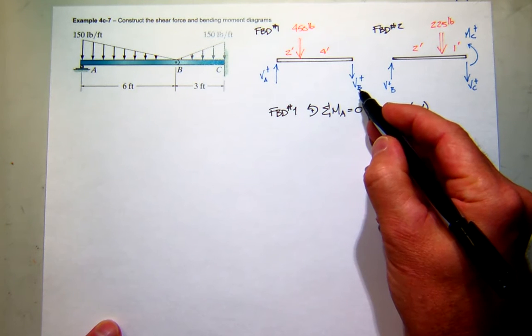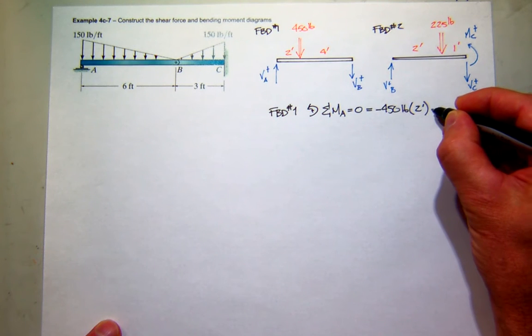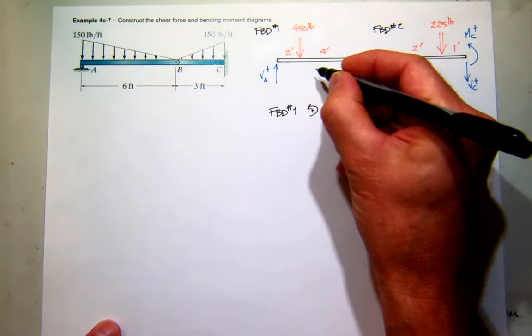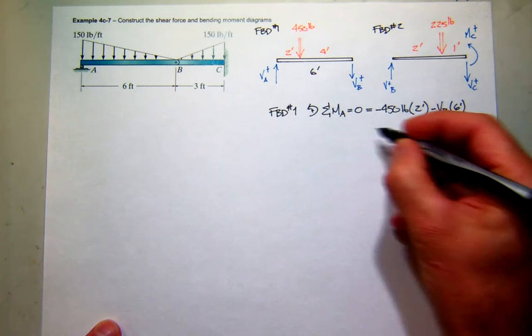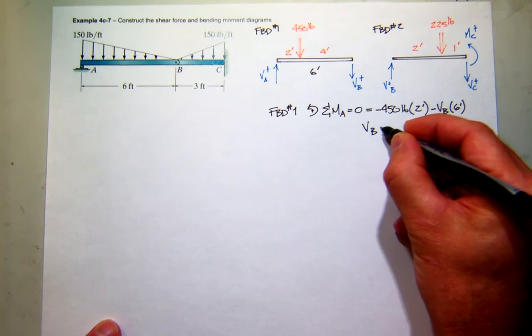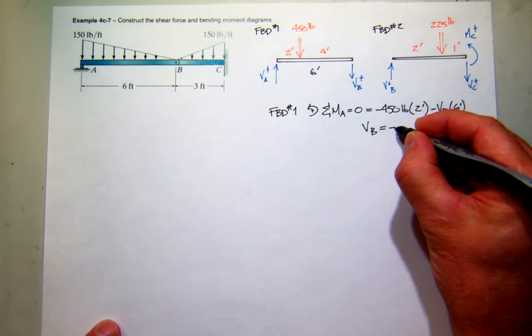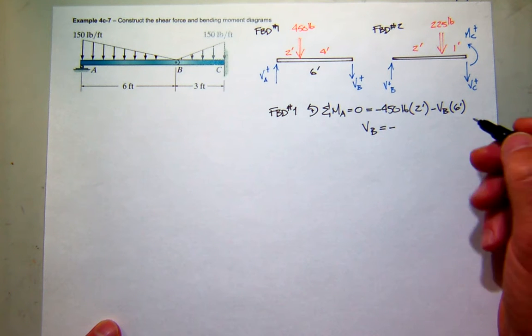And my shear at B creates what? Positive or negative moment? Negative moment, and it has a moment arm. I left that off, but that's 6 feet. So the shear at B is equal to negative 150. That sound right? Anybody check that? Yes.